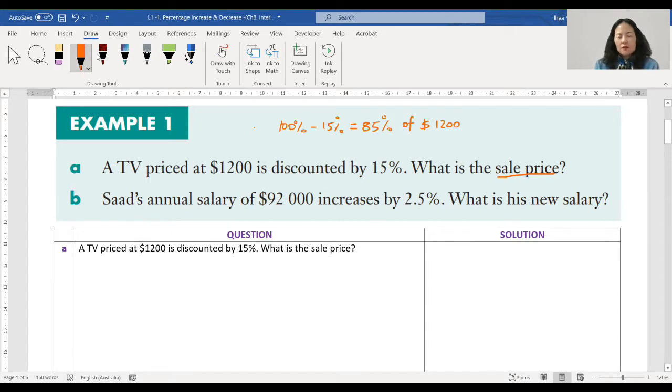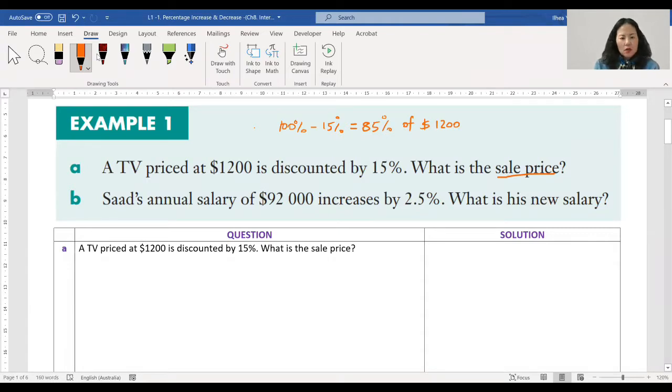So instead of finding 15% of 1,200 and then taking away that amount from 1,200, I'm just going to do one step and find the sale price. Finding 15% separately and taking it away takes about 2 steps.